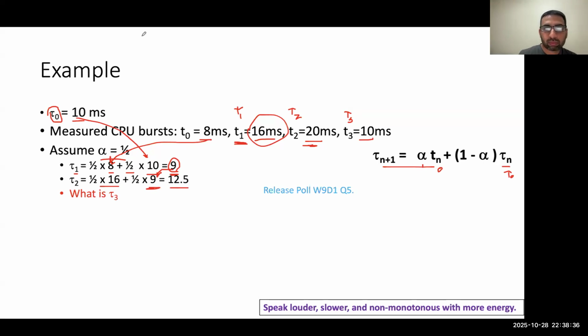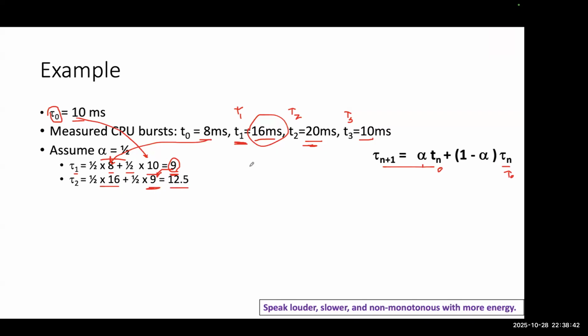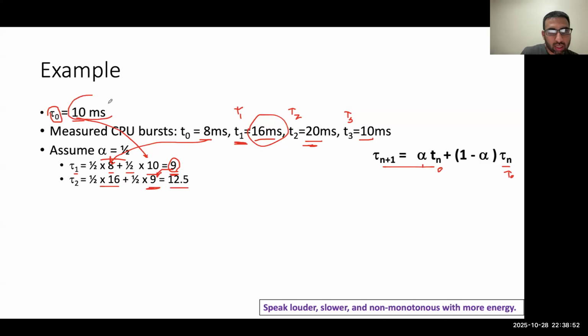Any questions? So for the first time, our estimate is 10 milliseconds and our measured value is 8 milliseconds. So this was our first estimate of the first burst, and this is what we actually measured after running the process.